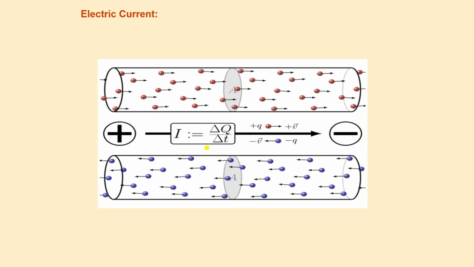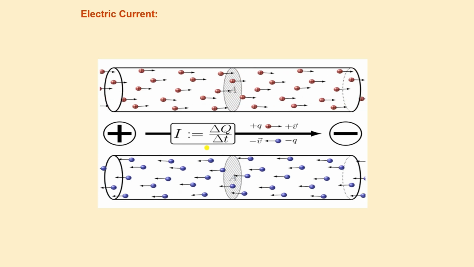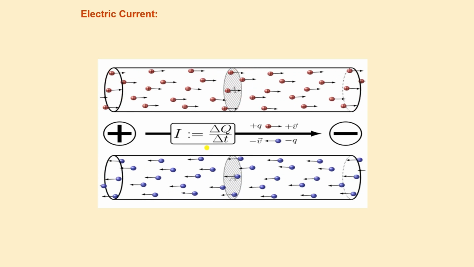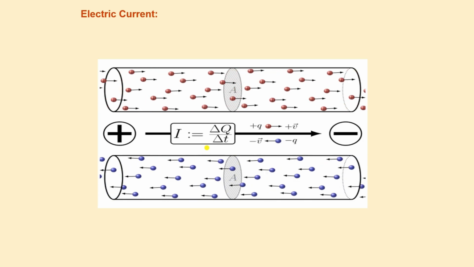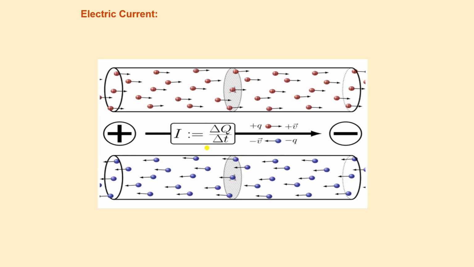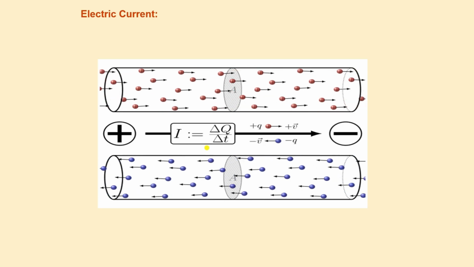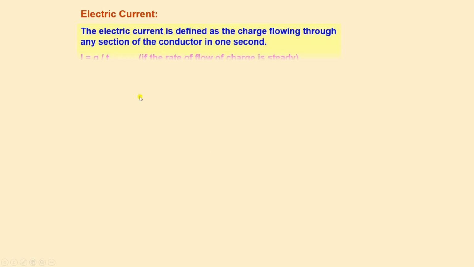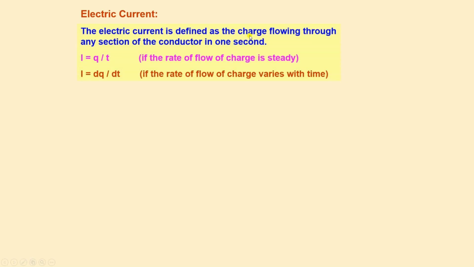Electric current is a scalar quantity and does not follow the rule of vector addition, although a direction is assigned to it. The electric current is defined as the charge flowing through any section of the conductor in 1 second.